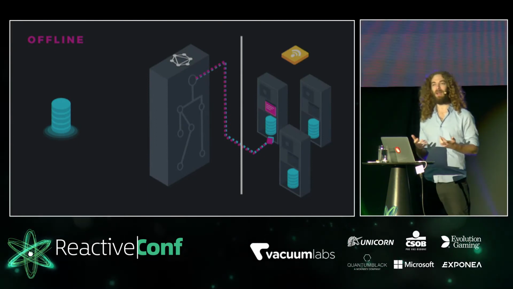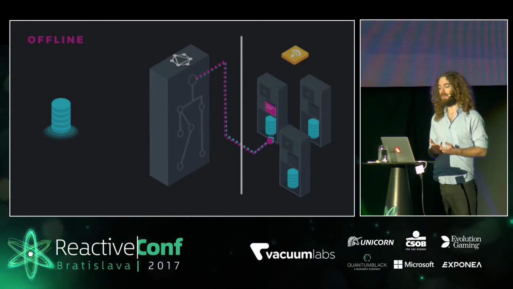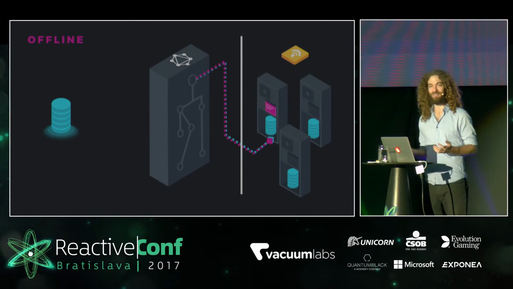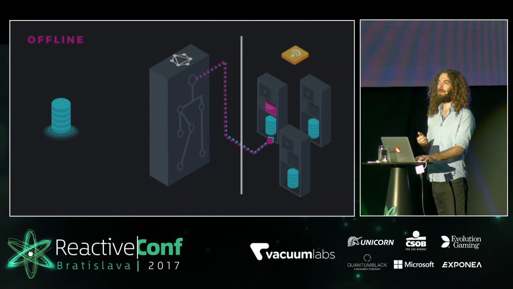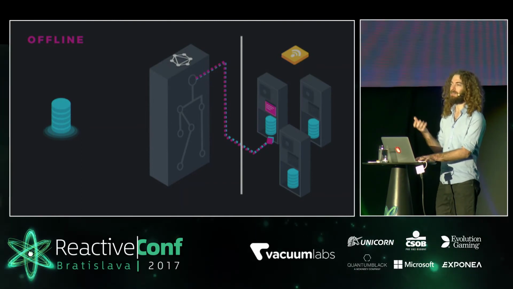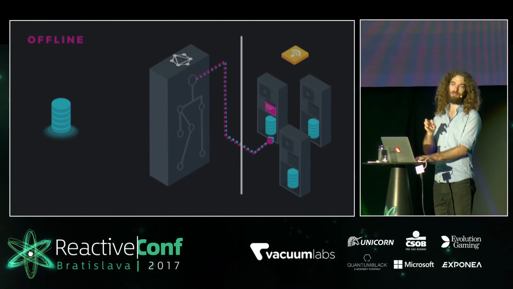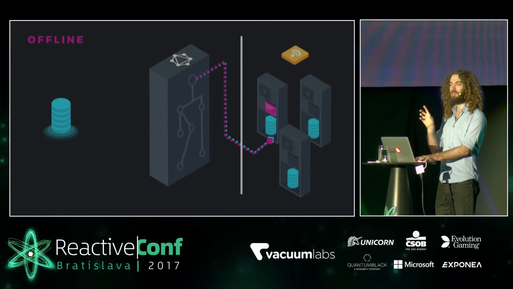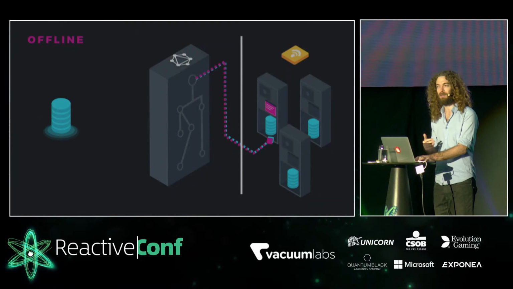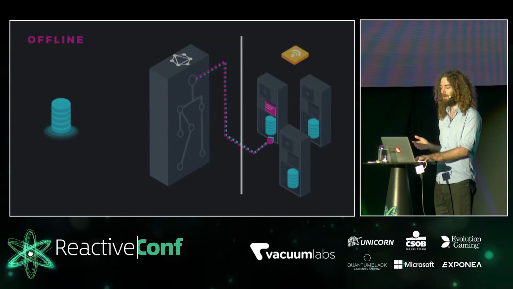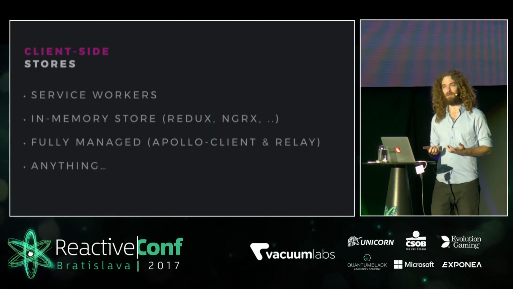The next problem is offline. What happens if the internet is gone? Here also, what those services give us is a local store with some logic that tells us what to do when the network is off and what to do when the network is on, and that's okay. But there are open source solutions for that.